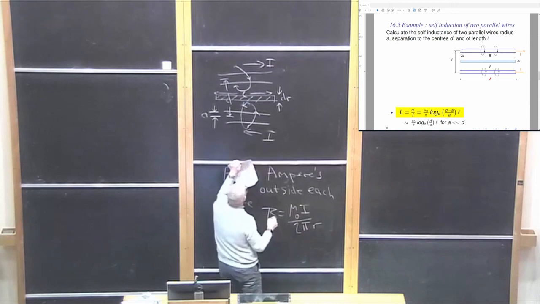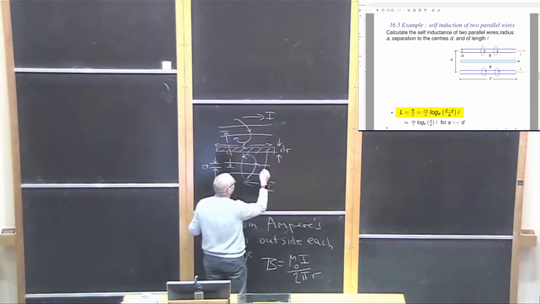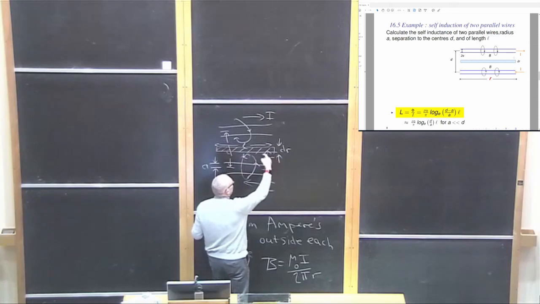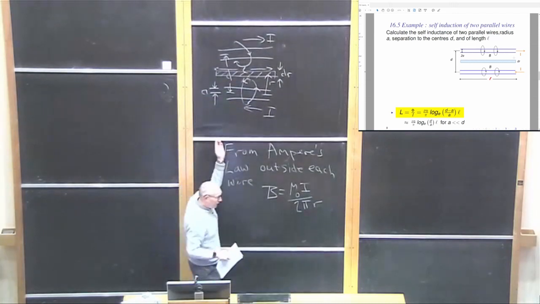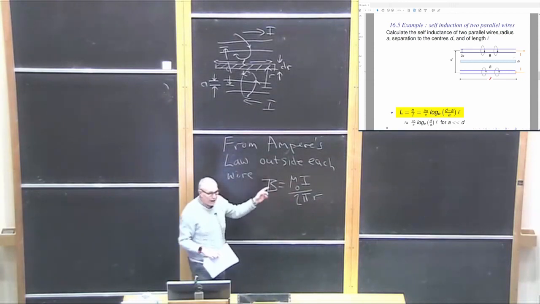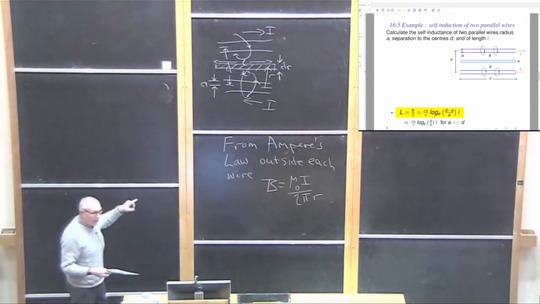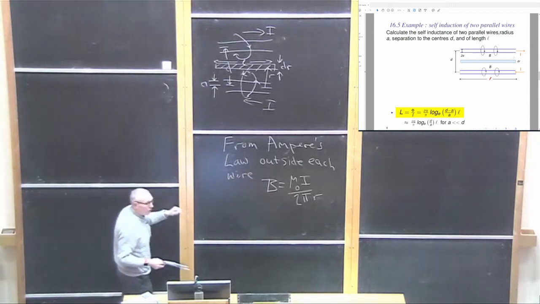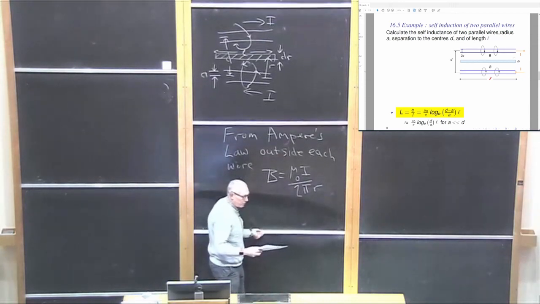Where r is just the distance to the wire. This just comes from Ampere's law, the integral round the loop is the current enclosed times mu naught. Okay, so that's where that comes from. That's the circumference of the loop.